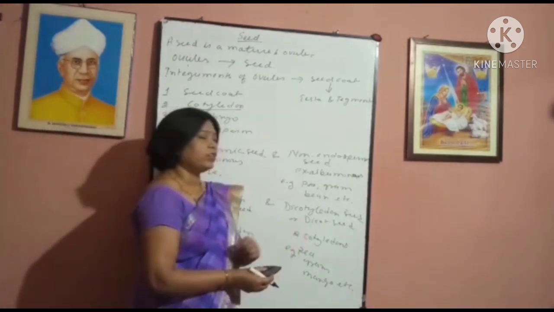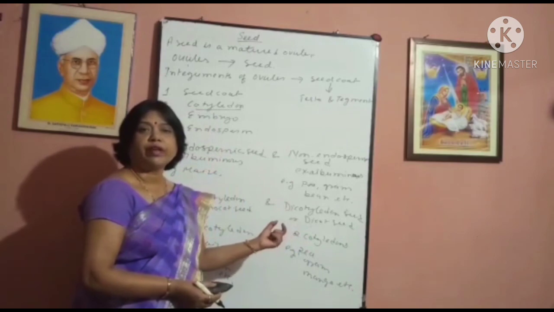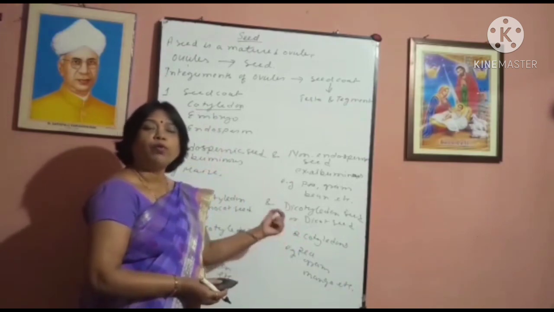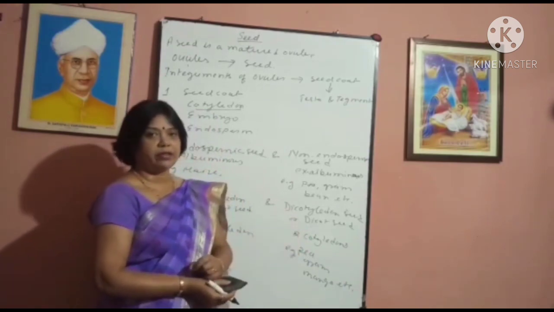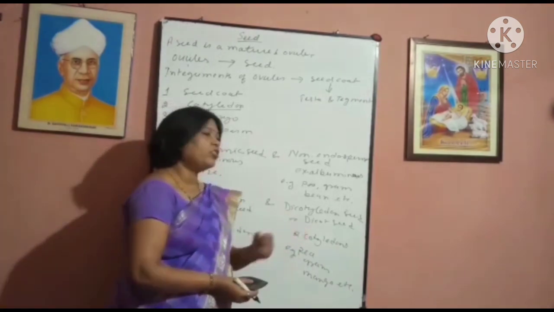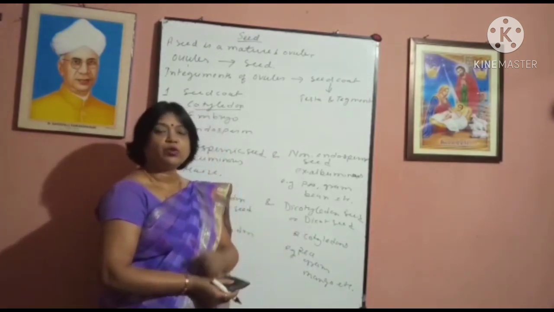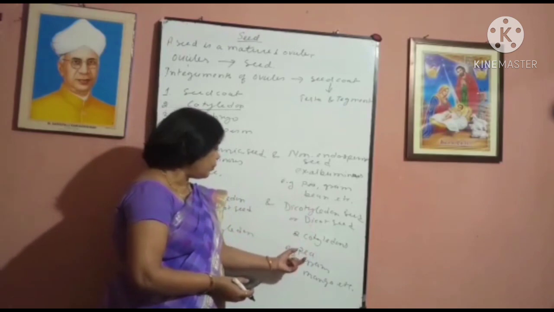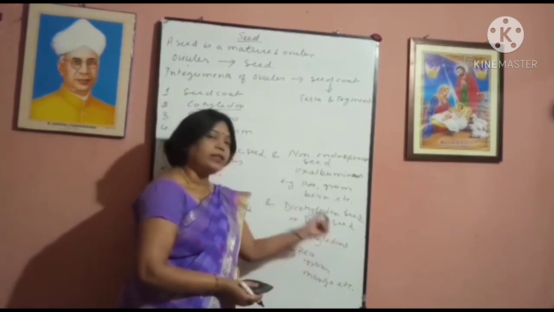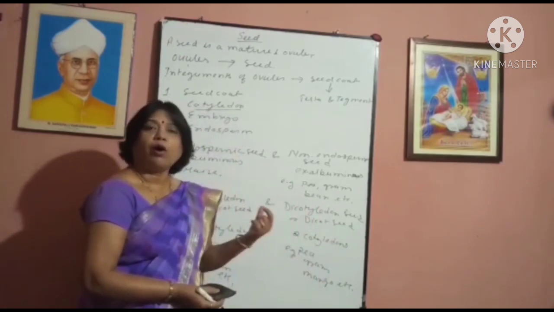But in dicot seed, endosperm is absent, so food is stored in the cotyledons and cotyledons are thick. So the cotyledons of these pea, gram, etc., pulse plants are all edible.